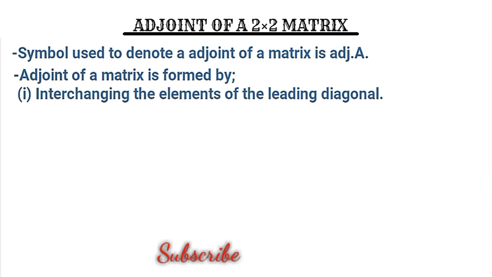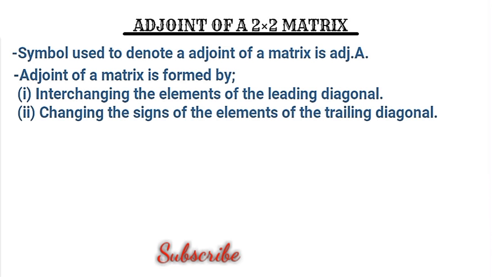So when you are forming an adjoint of a matrix, you interchange the elements of the leading diagonal. Given the matrix, you just identify the leading diagonal, then you interchange its elements.